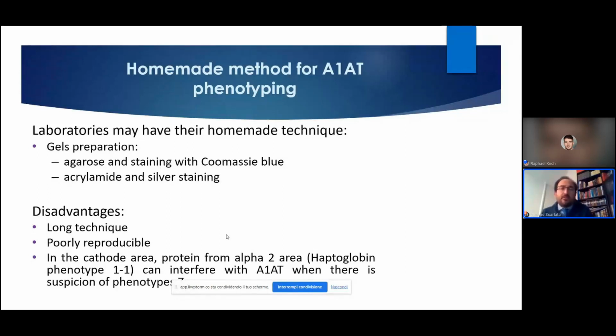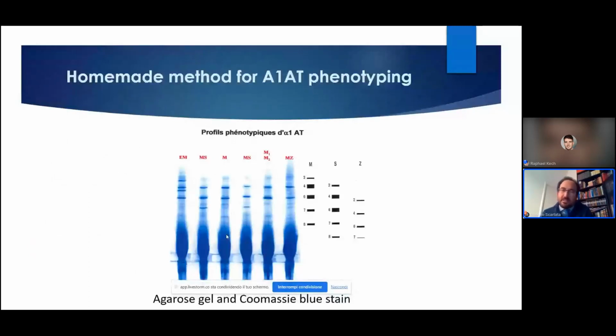We have poor reproducibility between the different centers, and we can also have some problems when performing the test. Just to give you an example, we should be aware that very often the profiles of the phenotypes in alpha-1 antitrypsin could be really challenging in diagnosis by using improper methods.